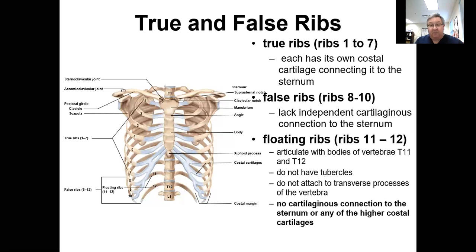And finally, the most important core muscle of the abdominal area, the transverse abdominis, has its origin on ribs 6 through 12. So the ribs are a very, very important point of attachment for many, many, many muscles.